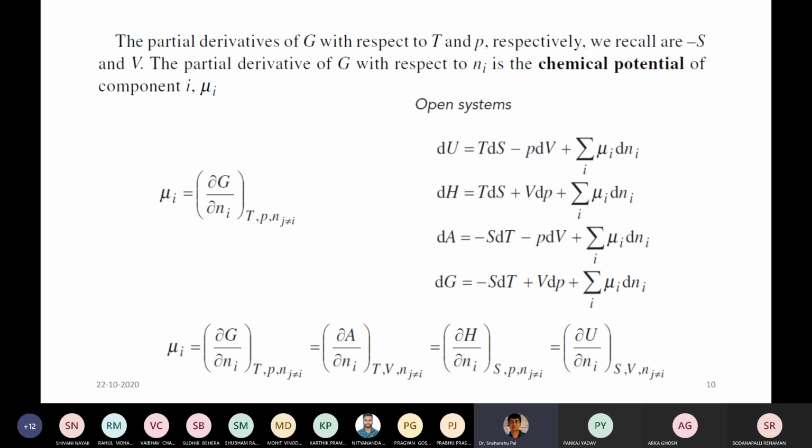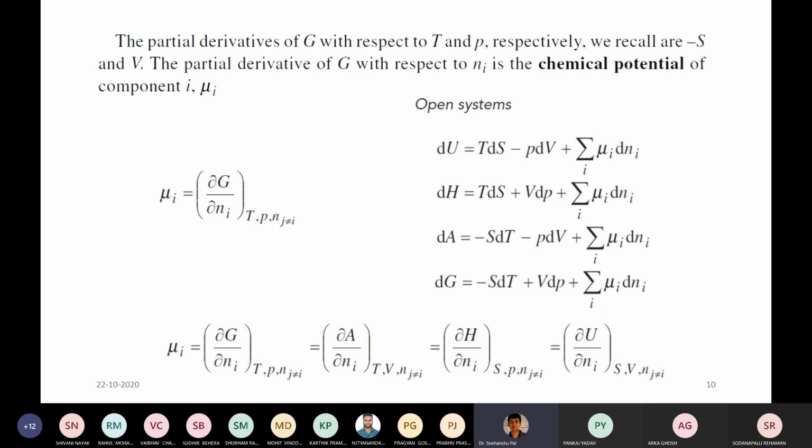So mu i equals del G by del Ni at constant temperature and pressure, where nj not equal to i means that all components other than i are not going to vary in the number of moles or number of atoms.